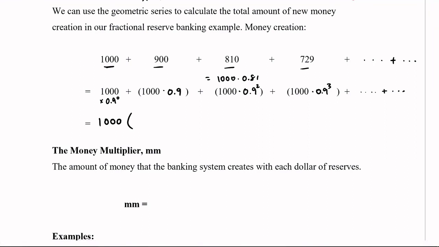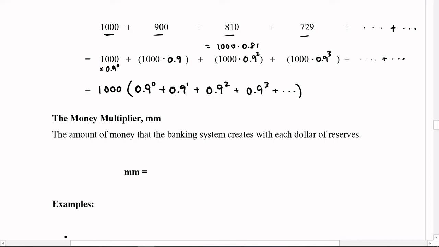So for each term, we have 1,000 times 1 plus 1,000 times 0.9. Actually, let's keep it as 0.9 to the 0 plus 0.9 to the first power plus 0.9 squared, 0.9 cubed, on out to infinity.